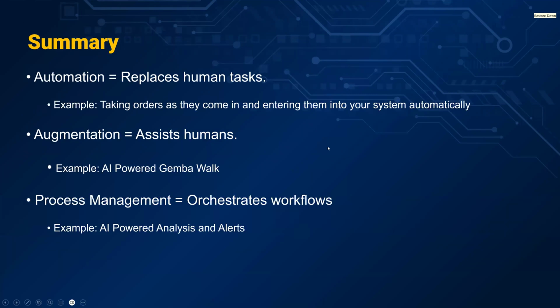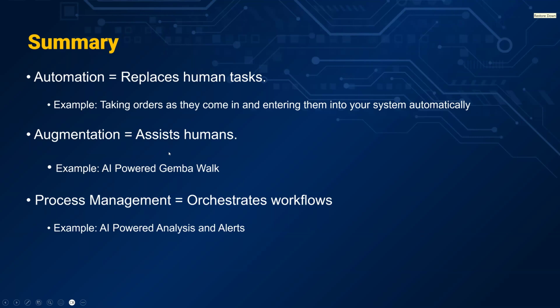So to summarize, there's, again, these three, and how to think of them as an example is: automation replaces human monotonous and repetitive tasks, taking orders coming in from your system and entering that data automatically. In a medical sense, doing data entry in your medical office, all those types of things can be automated.